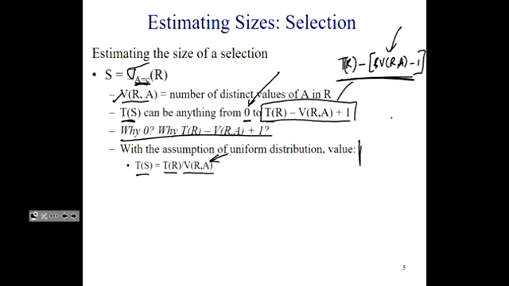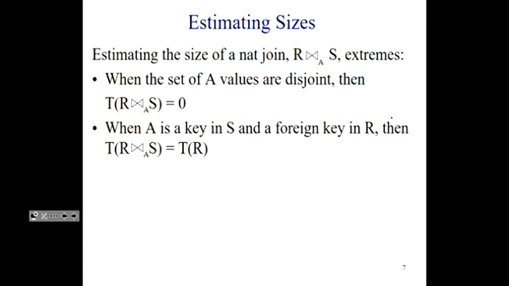Let's see how to use that for estimating joins. If I'm doing a natural join between R and S, there are extremes once again. One extreme is when the sets of values of A are disjoint. Then the size of the join is going to be 0.